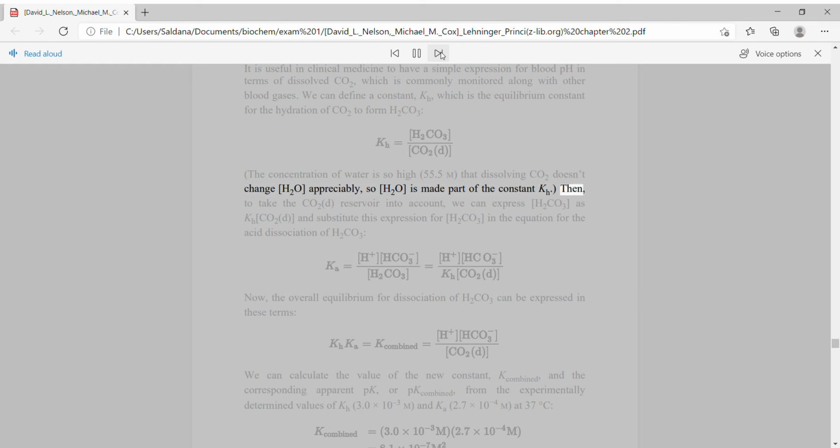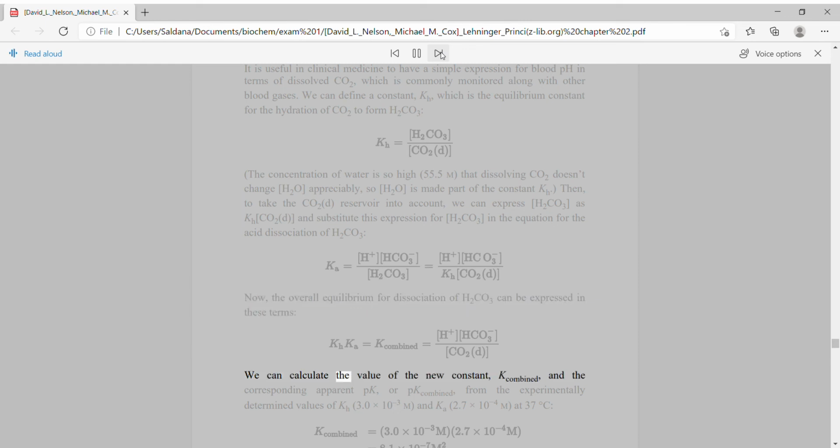Then, to take the CO2(d) reservoir into account, we can express H2CO3 as kH[CO2(d)] and substitute this expression for H2CO3 in the equation for the acid dissociation of H2CO3. Now, the overall equilibrium for dissociation of H2CO3 can be expressed in these terms.